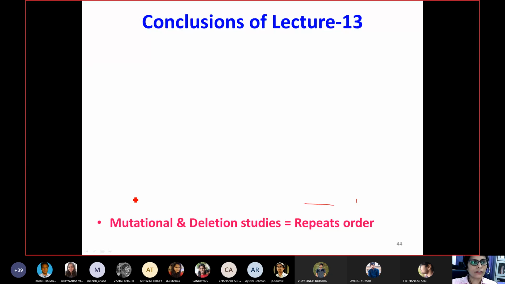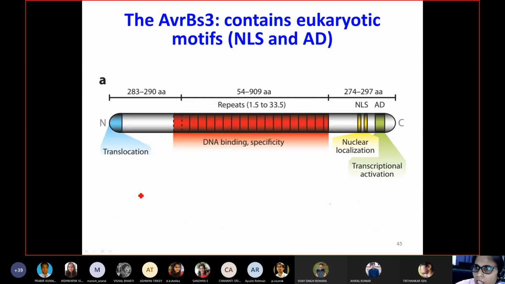So far we have seen this much about the repeat sequences, because that is the prominent area, in the center, and it is the longest area in this kind of gene. Now, if you look at the structure closely, you can see there are nuclear localization signals as well as a transcriptional activation domain, that means an acidic activation domain, AAD, is also known for this region.